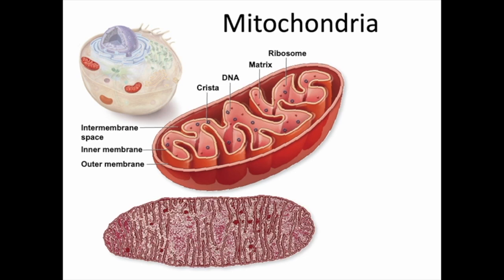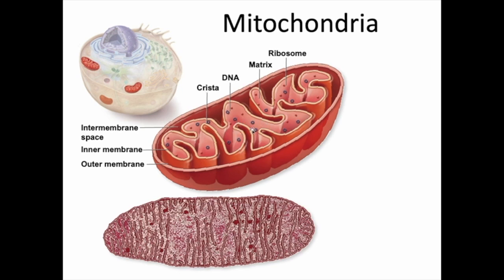The quick version is these mitochondria are thought to have once been free-living bacteria that got into a eukaryotic cell and have been there for so long, they're now codependent on one another. These things cannot live on their own as independent living organisms, and the eukaryotic cell can't really live without them either.